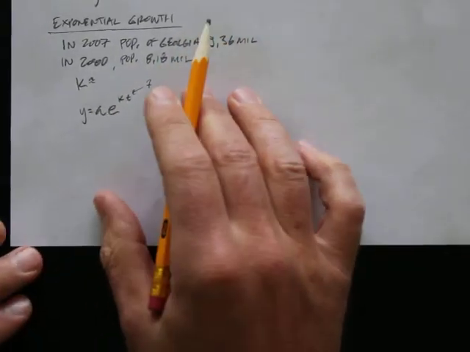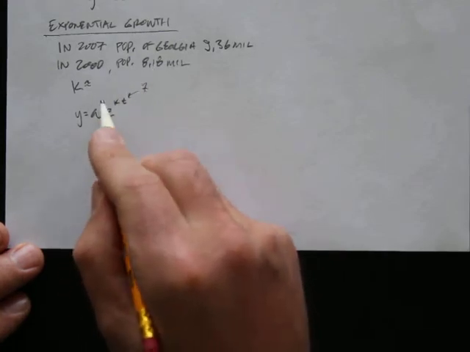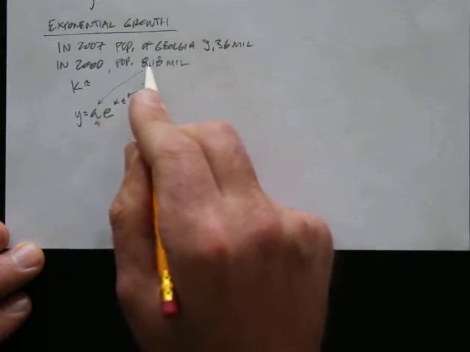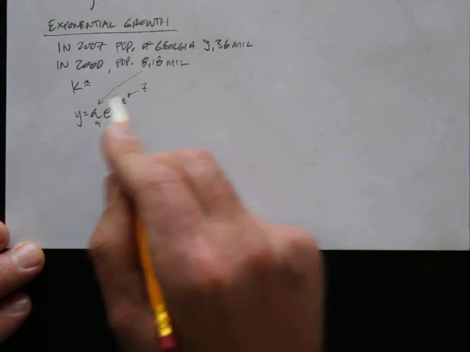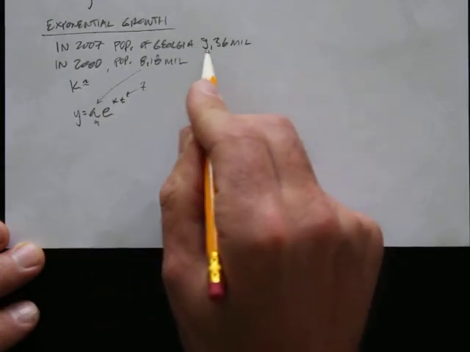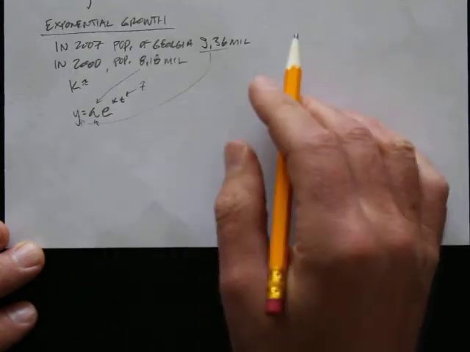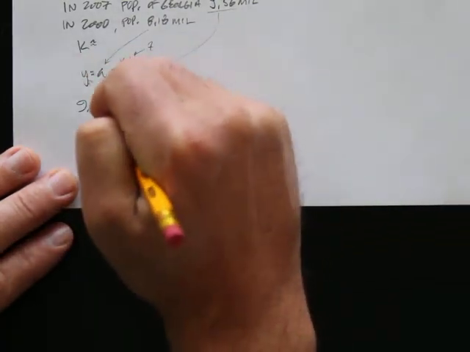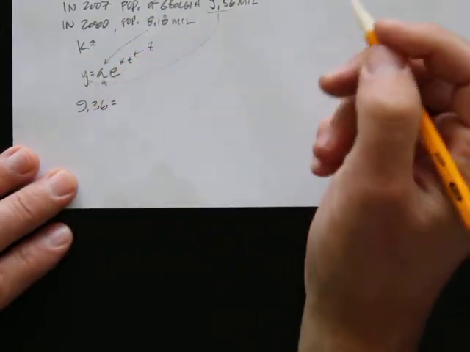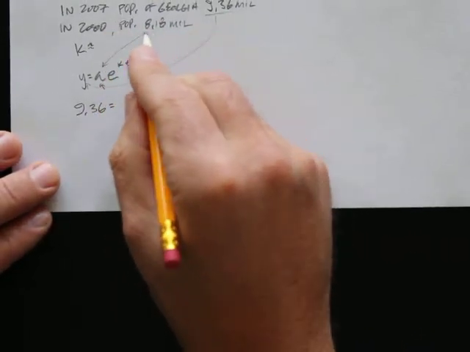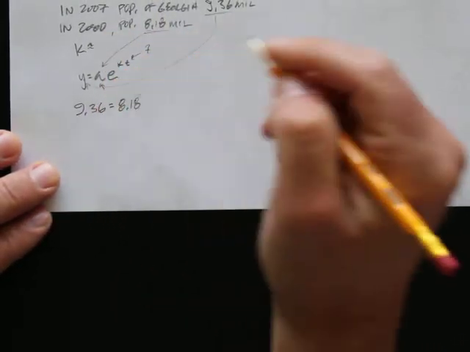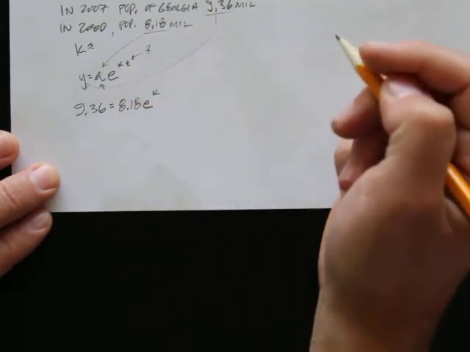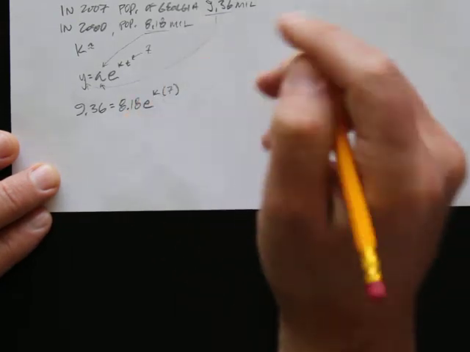The initial amount at the beginning of the 7 years is 8.18 million, and the amount after those 7 years is 9.36. So 9.36 million equals the initial amount, 8.18, times e to the rate, which I don't know and I'm going to find out soon, hopefully, times 7.